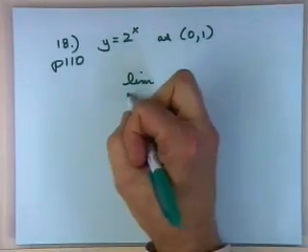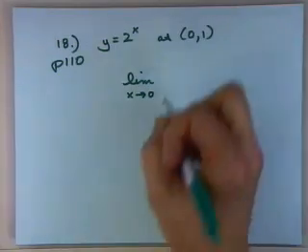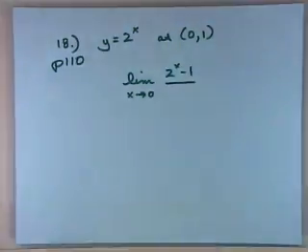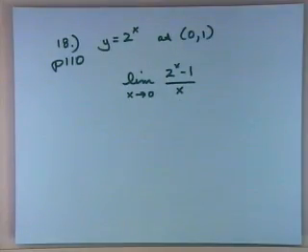So the limit as x approaches 0 of 2 to the x minus 1 over x. Well, now we've done some limits. This was kind of our first day with limits. We've also done some other things with limits yesterday in class.